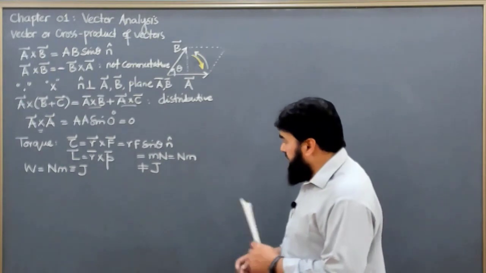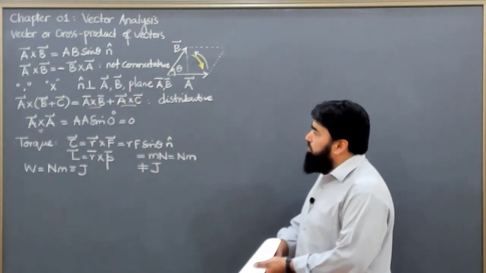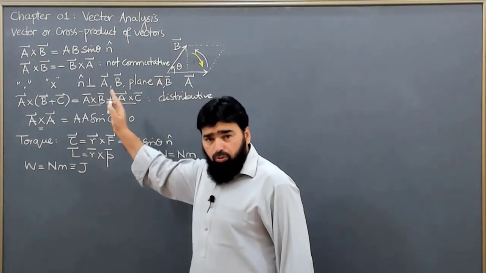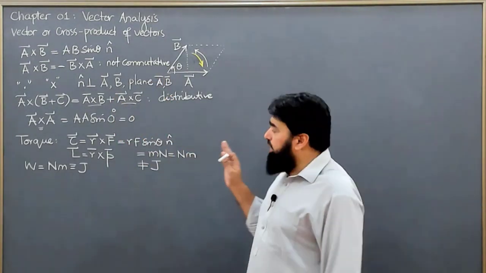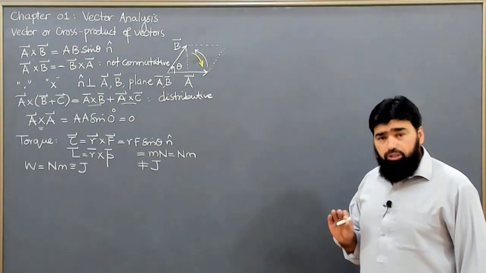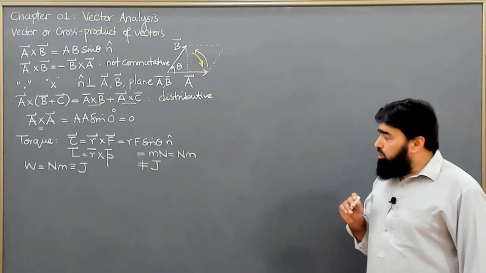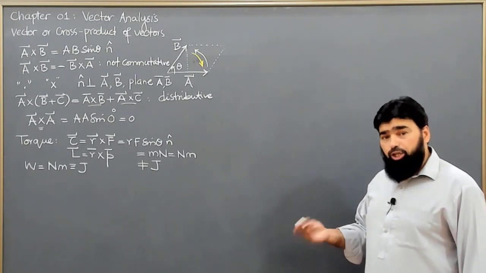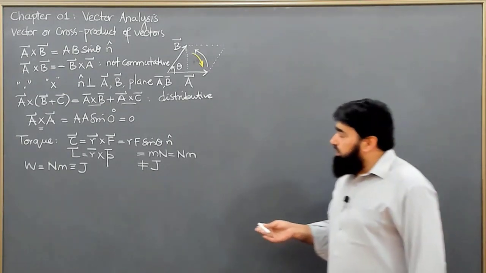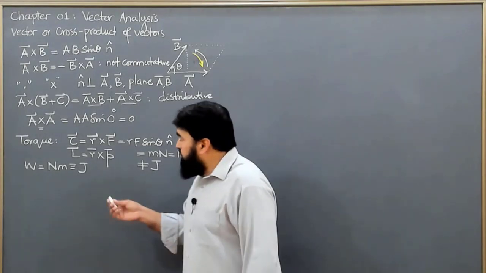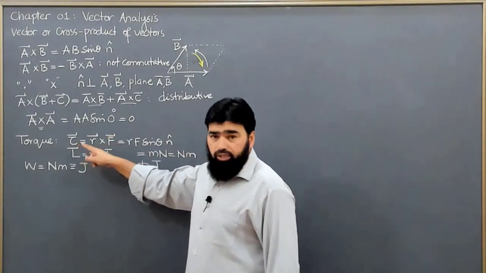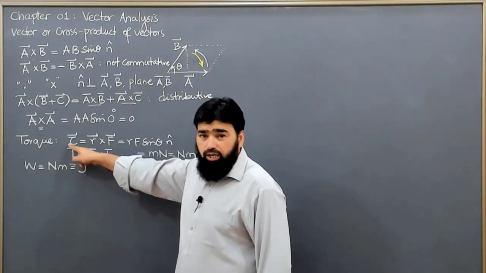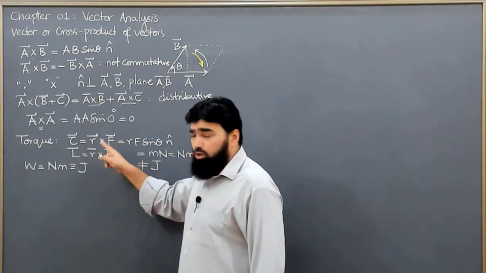Another important thing is that when we decide whether to use the dot product or the cross product, it depends on the physical quantity, whether it is under translational dynamics or rotational dynamics. It depends on the result. If it is torque, it means rotational dynamics, so we have to use the cross product.